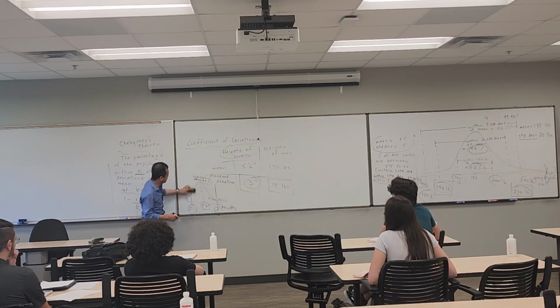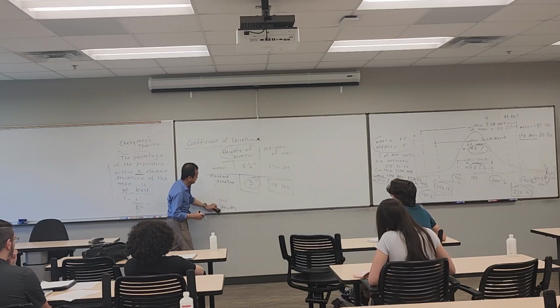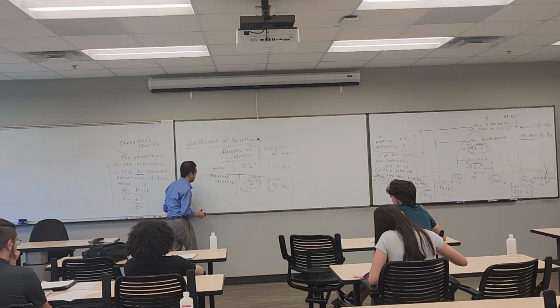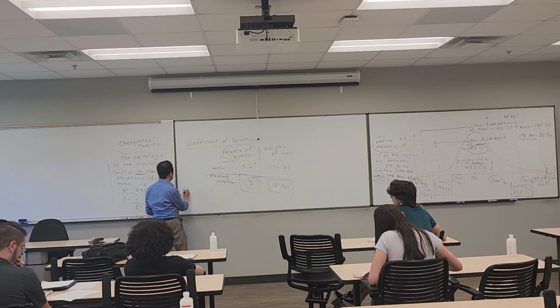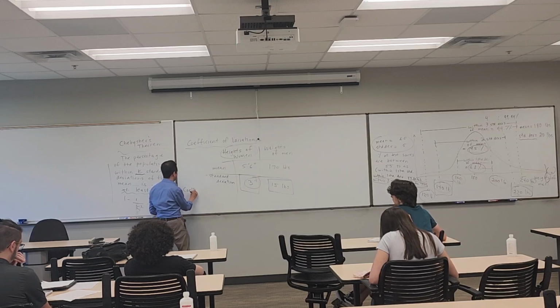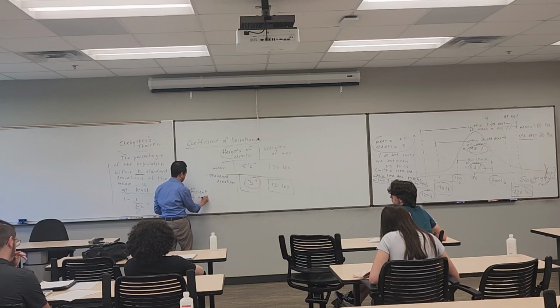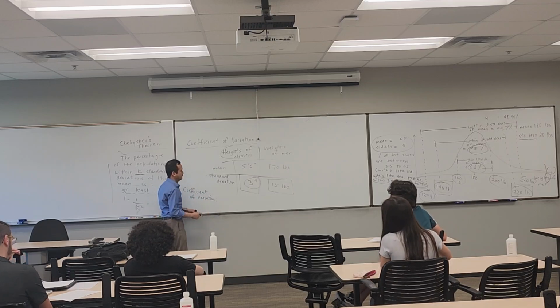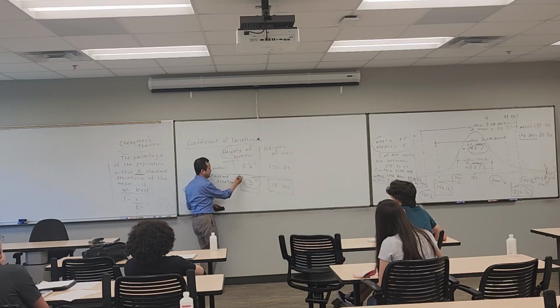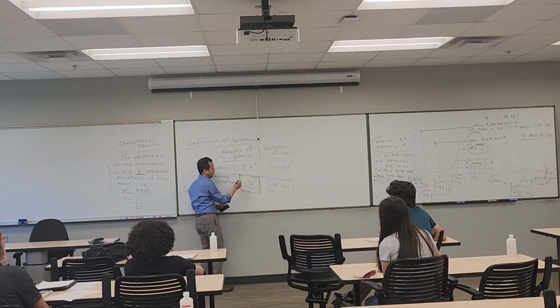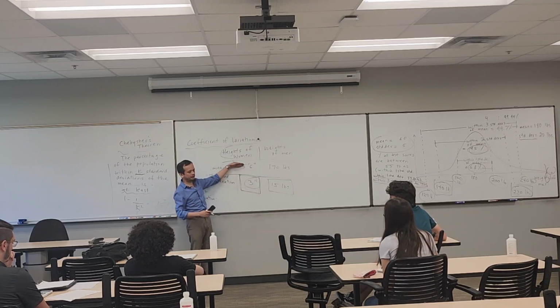So the coefficient of variation is we're going to take each standard deviation, the first one is going to be inches, and then we're going to divide by its respective mean.